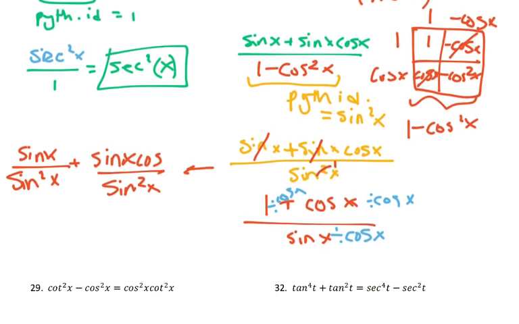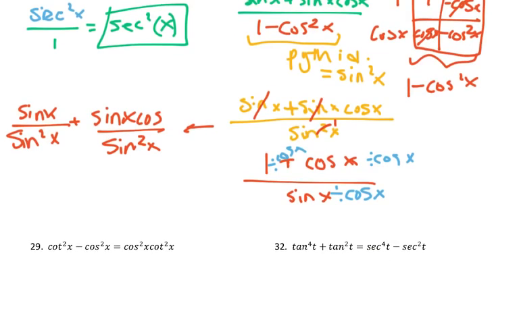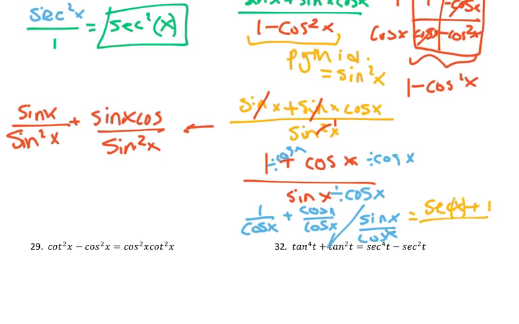Because I would have been able to factor that out before, so now I'm just kind of refactoring it back in. So I'm going to get 1 over cosine of x plus cosine of x over cosine of x, and all of that over sine over cosine of x. And so hopefully you can see that that becomes secant of x plus 1 on top and tangent of x on bottom.